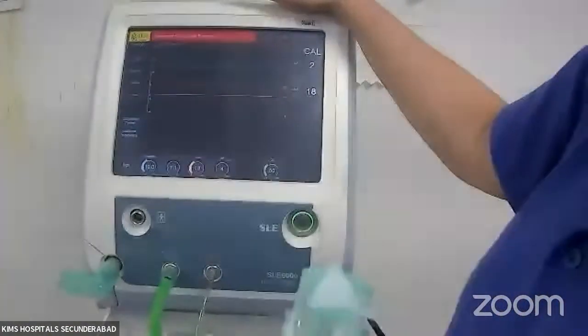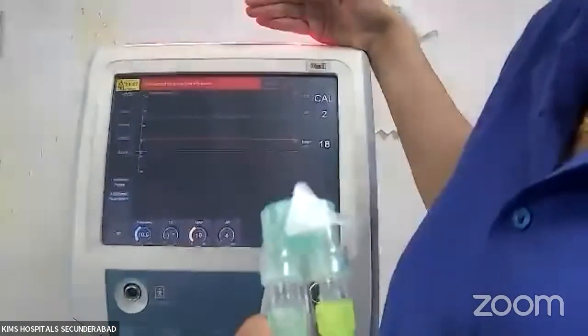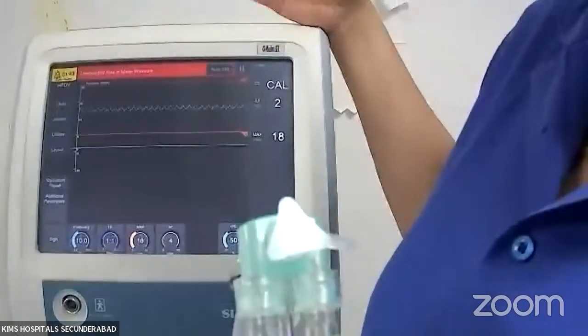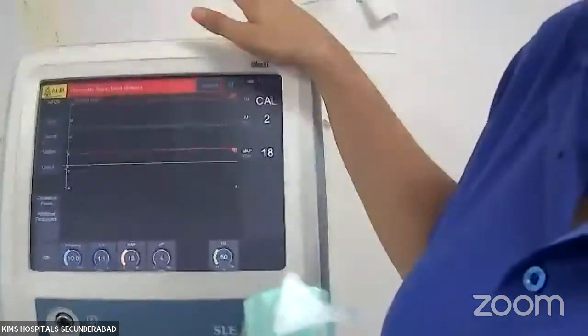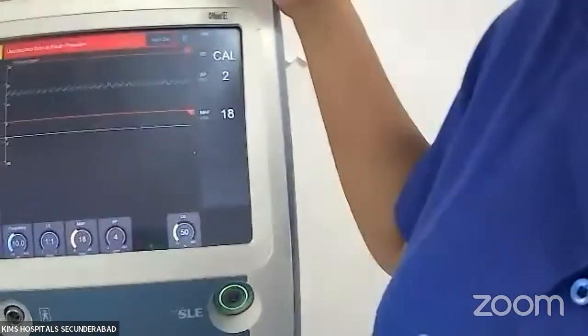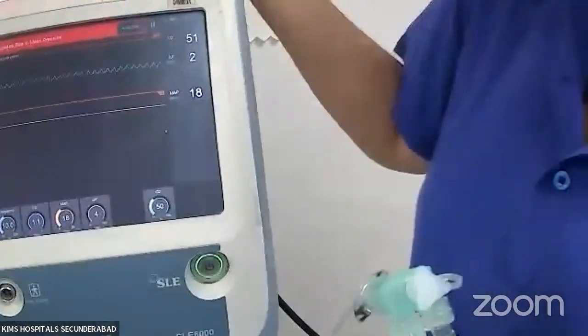While we initiate high frequency ventilation, the first aspect is when do we start, or when do we consider high frequency? Whenever you have failure of conventional ventilation, which is defined as the need for a mean airway pressure of more than 14 to 15 in a term baby, and if we are needing a mean airway pressure of more than 12 in a preterm baby, despite which we are not able to achieve oxygenation or CO2 elimination.